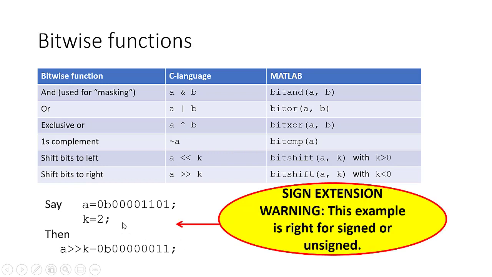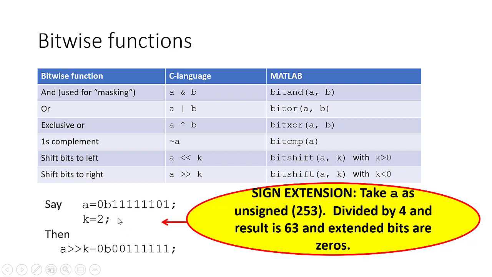Okay, sign extension. So we're shifting to the right. So there's a question of, well, what bits go there? And this particular example is good for signed or unsigned, so we don't have to worry about sign extension here. But if I had this situation where I have FD, and I think of this as unsigned, it's an unsigned 253, and I take an unsigned 253 and I divide by 4, the result is 63.